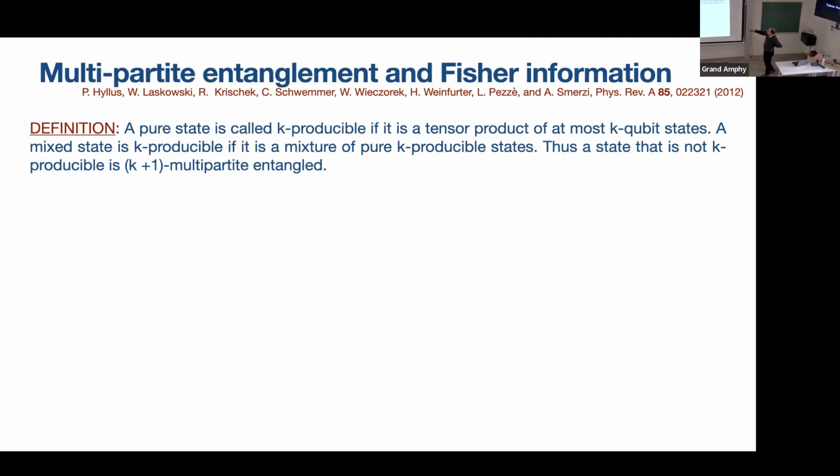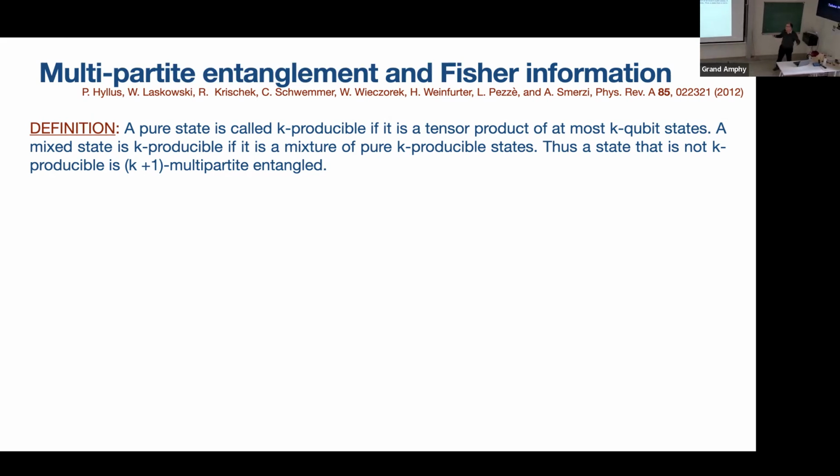A pure state is said to be k-producible if it can be expressed as a product of at most k states. If you know that the state is k-producible but not (k+1)-producible, then you know that there is some (k+1)-partite multipartite entanglement.